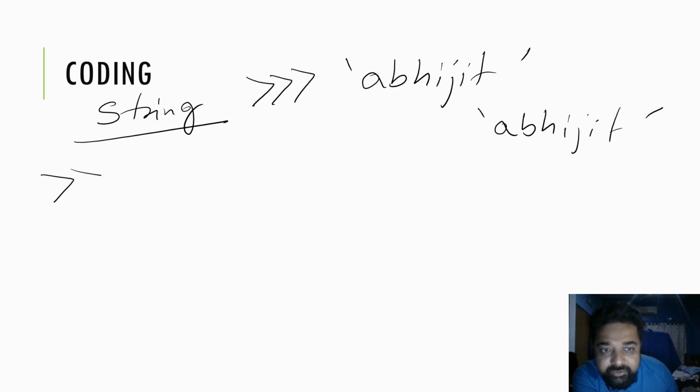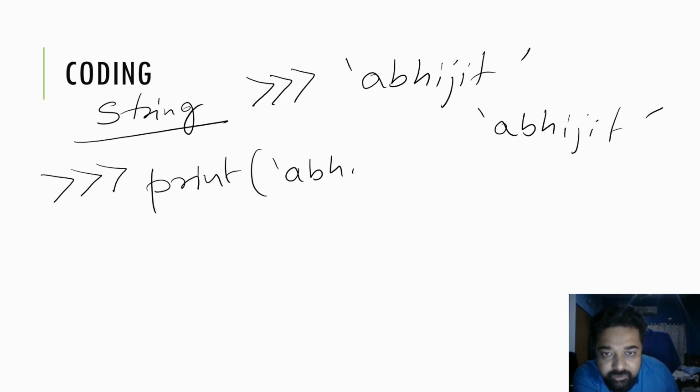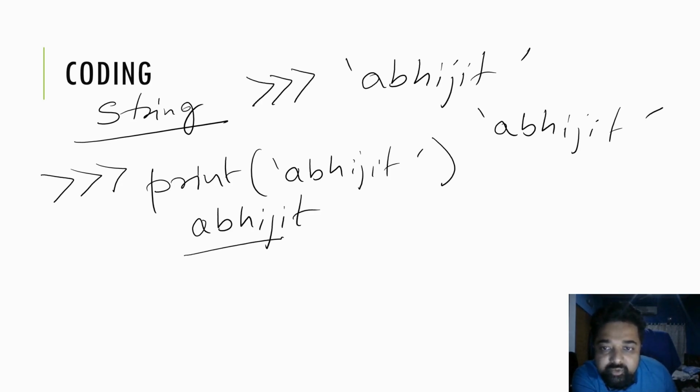There is another option that is called print. Okay, no semicolon needed. It will print. The only difference between these two is that one has single quotes and one has none. This is the only difference.